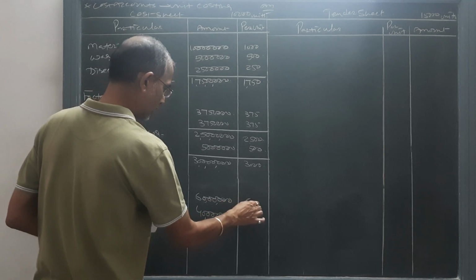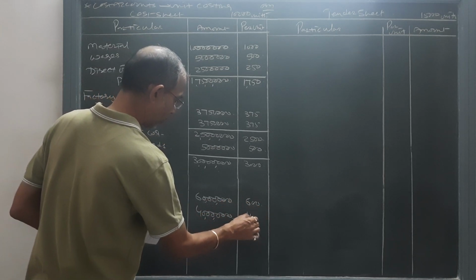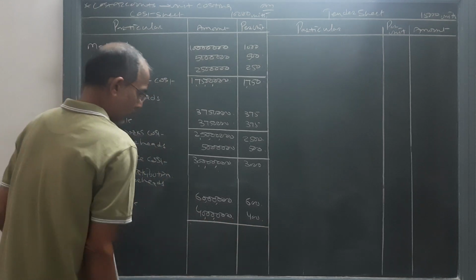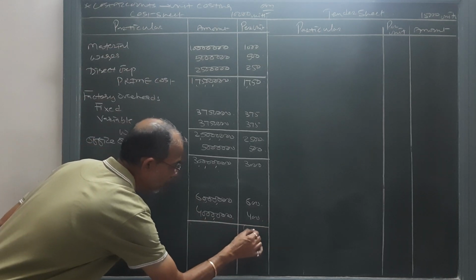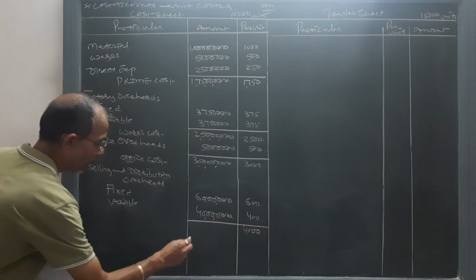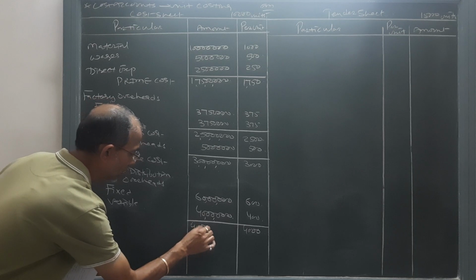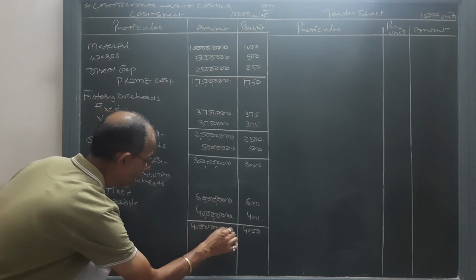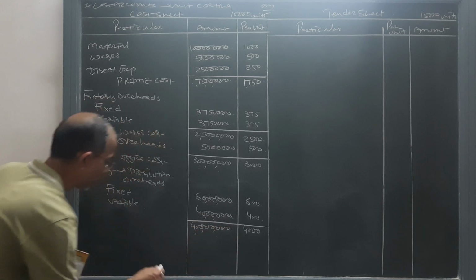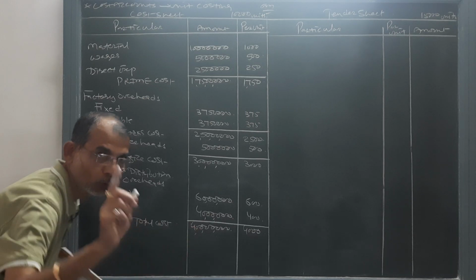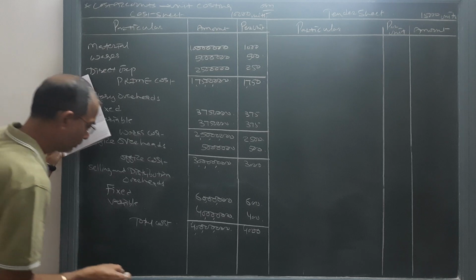This will be 600 per unit and this will be 400 per unit. So total cost per unit is 4,000 and this is 4 crore. This is our total cost of cost sheet.